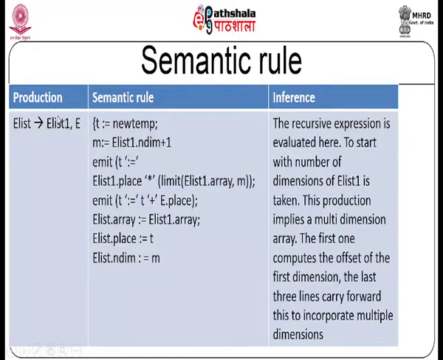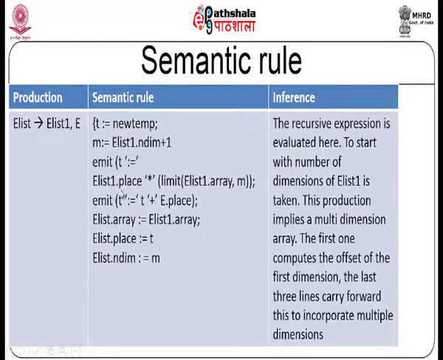That is, E list 1 has come up with so many dimensions there. Okay, that is, it could be I am in the middle of nowhere. So to start with, this will be 0. So my number of dimensions will be 0 in that case. So it will be plus 1. So I will say m is equal to 1. I am incrementing the number of dimensions.